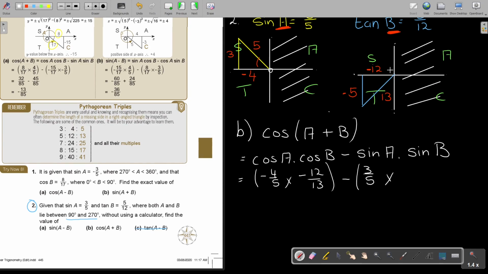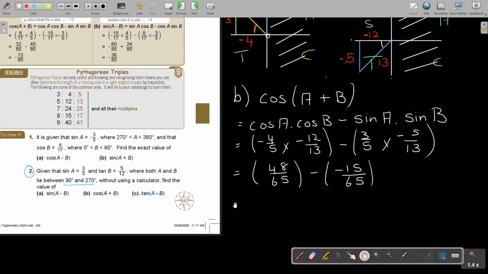Sin B, opposite over hypotenuse, so it's negative 5 over 13. And then it's going to be positive 36 over 65. No, not 36, sorry. Positive 48, thank you for correcting me. Okay, and then it's going to be negative 15 over 65.